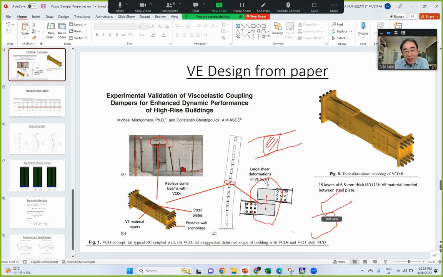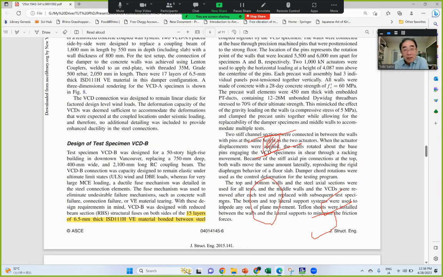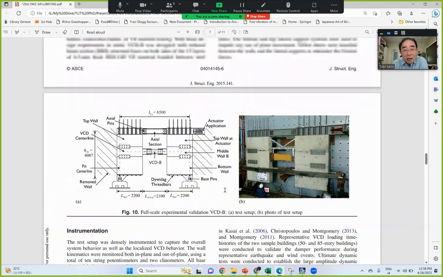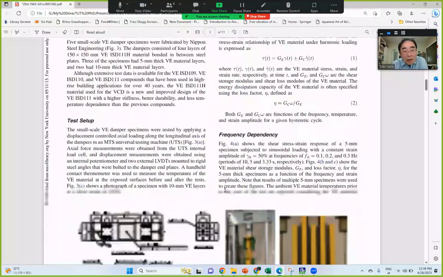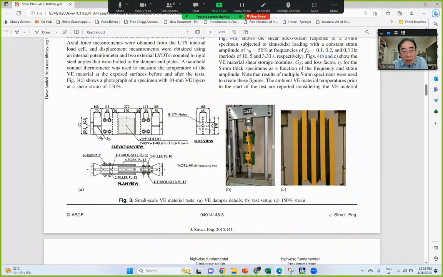I mean, before deformation. No, sensei. I don't know why it is so separated. Maybe they just want to show us how the damper deforms. The original one is like this. It depends on the loading. For example, here they pull one up and down.